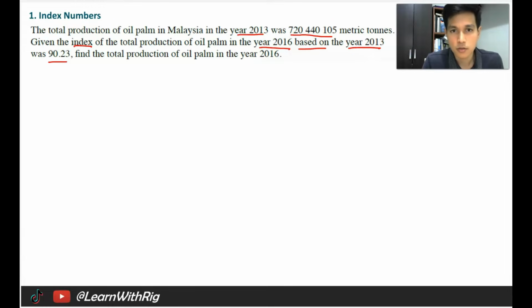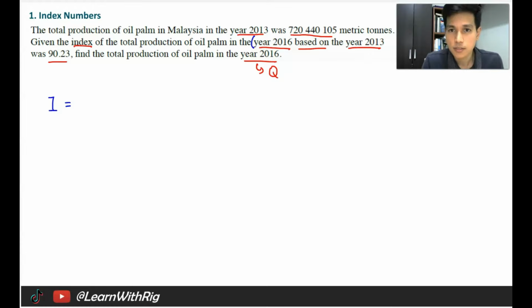So the index is 90.23. Find the total production of oil palm in year. So they want you to find what? This one is the Q. Okay, we know this is a quantity, but what quantity we want? So now we just use back the formula. I equals to, so in this case they gave you the index is what?